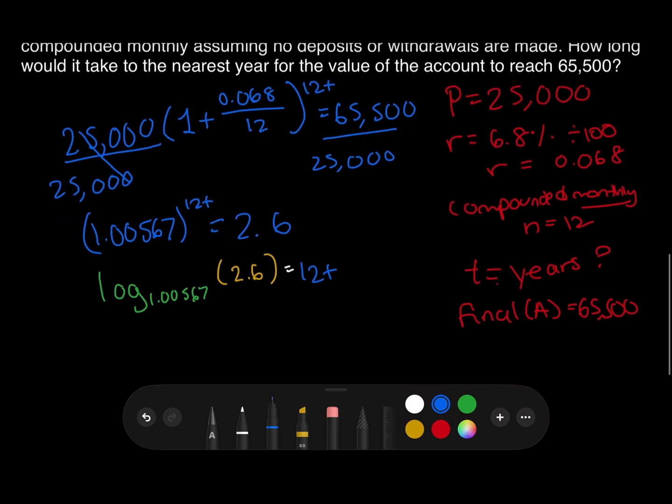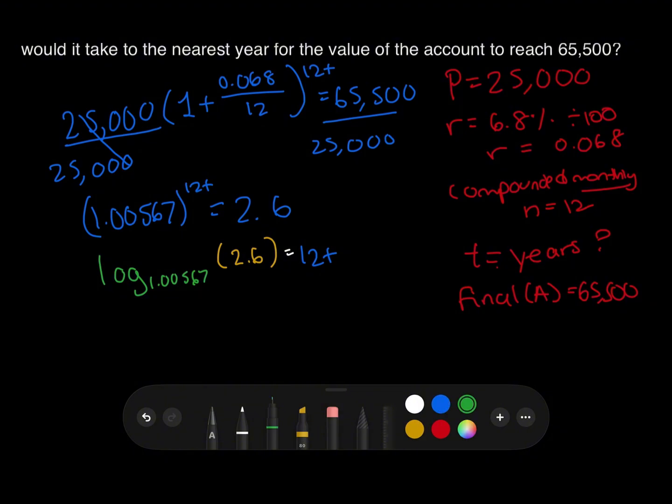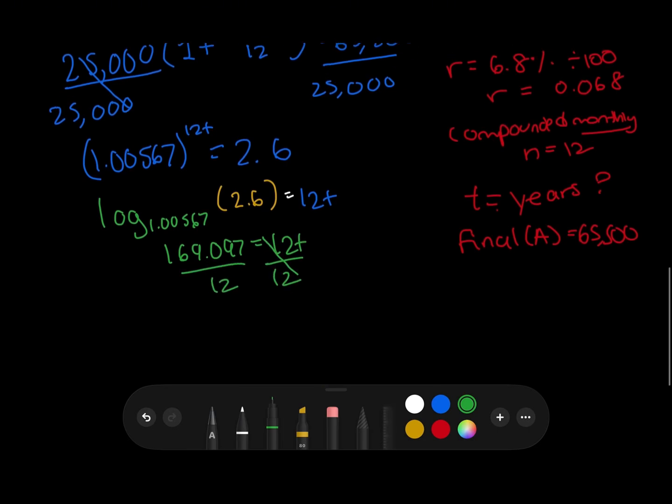Then we put it in the calculator, and now we have 169.097 equals 12t. We divide by 12 on both sides to isolate t, and we get 14 years. T equals 14. So our answer is 14 years.